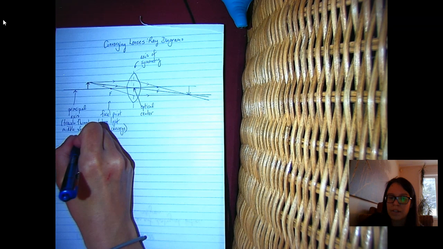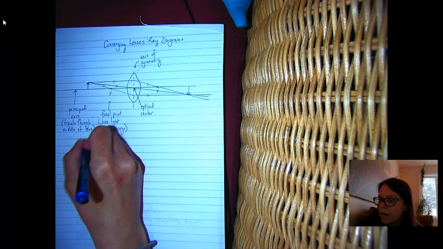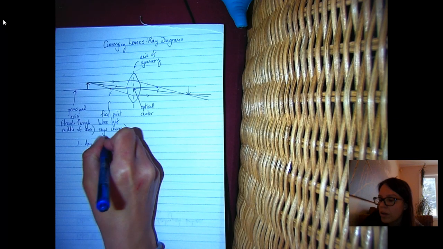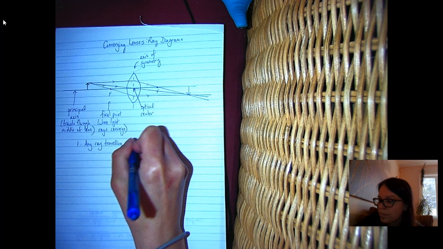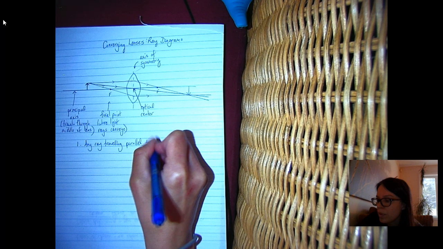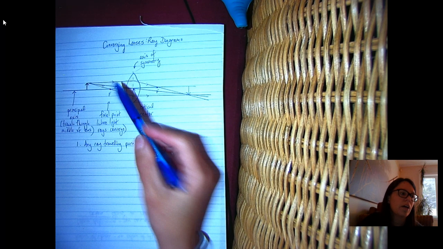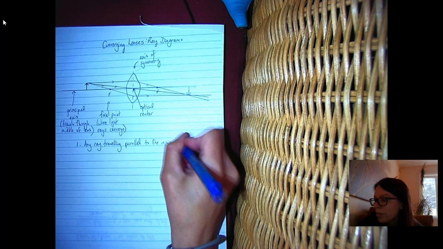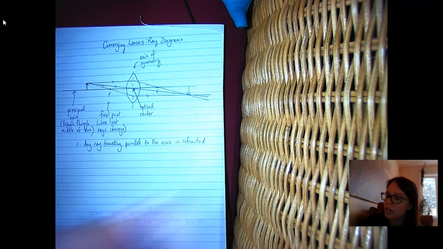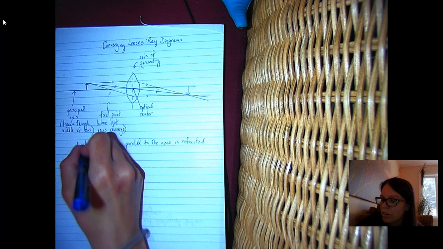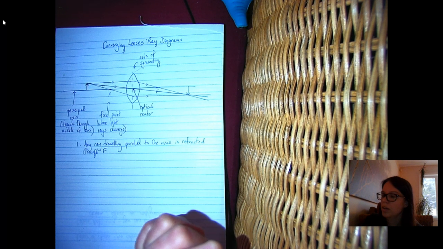So one of the lines you can use is any ray traveling parallel to the axis. So the first one I did is refracted, which means it turns its direction, is refracted through F. Okay, on the other side.